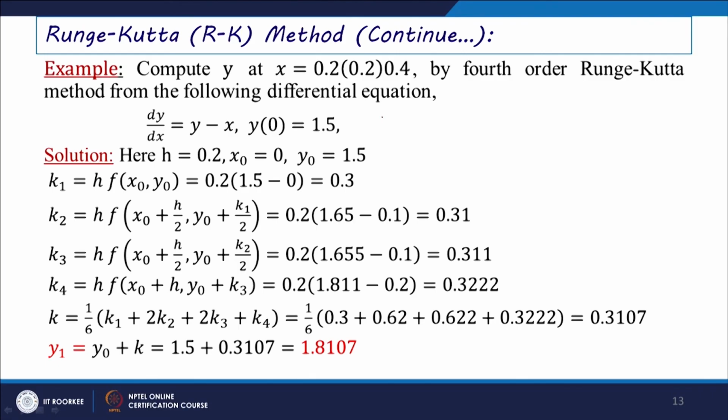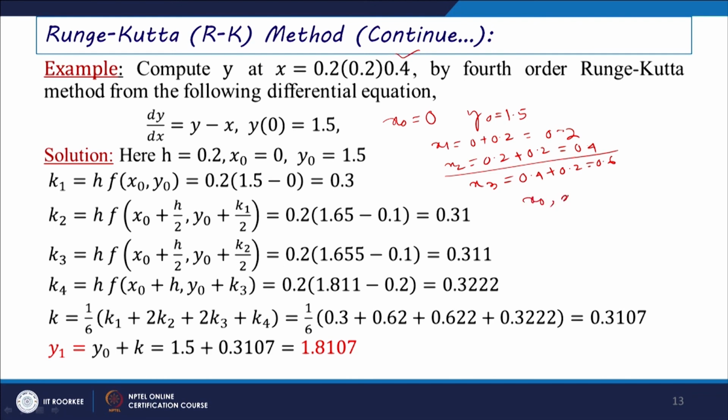We write the initial condition x0 equals 0 and y0 equals 1.5, and we have to compute these values: x1 equals 0 plus 0.2, that is 0.2, x2 equals 0.2 plus 0.2, that is 0.4, x3 is 0.4 plus 0.2, that is 0.6. Since the value is asked up to 0.4, we have to compute at x0, x1 and x2.